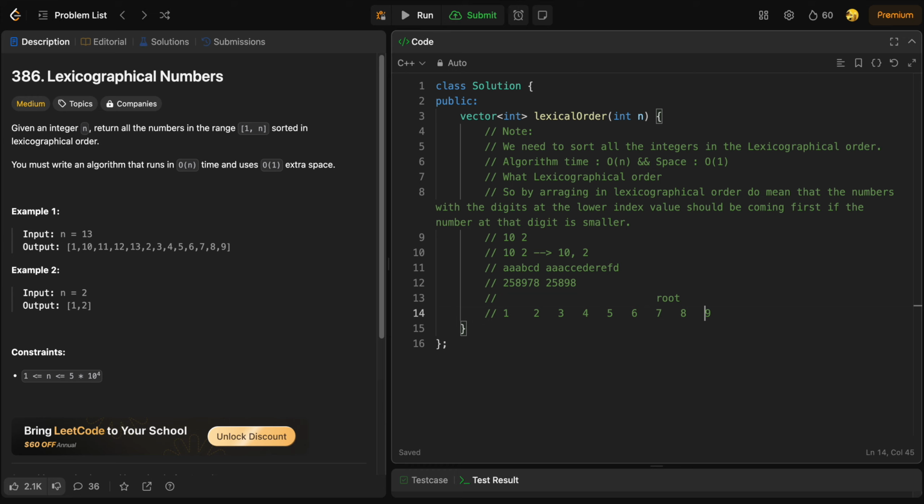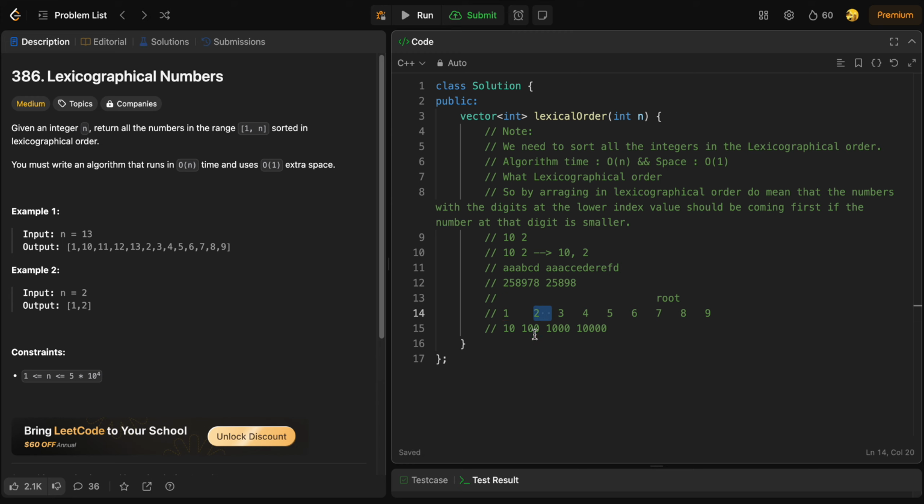If I want to process 2, then before processing 2 we need to process the numbers that are lesser than 2 at a similar index. With 1, I could find 10, 100, 1000, 10,000 and so on, and these are obviously lesser than 2.